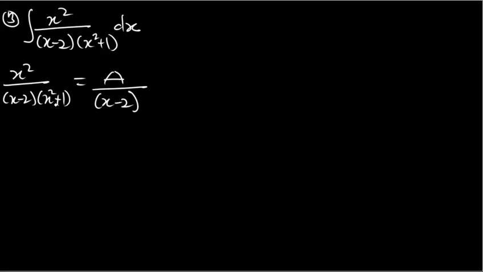Looking at this, it is not linear. It is x squared plus 1, and we cannot get any linear factors from this. So in that way, we are going to express it as bx plus c on x squared plus 1.